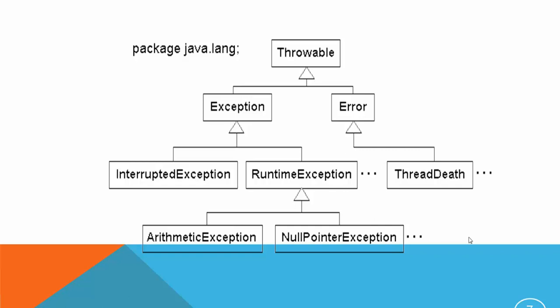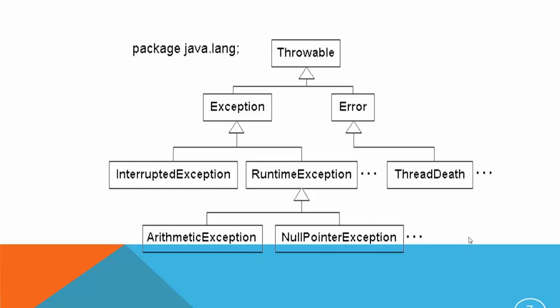So runtime is the set of exceptions that come under RuntimeException, which is the superclass of all of them. RuntimeException has, say, ArithmeticException and NullPointerException. Those are runtime exceptions. Say FileNotFound, and a few other exceptions, are checked exceptions.